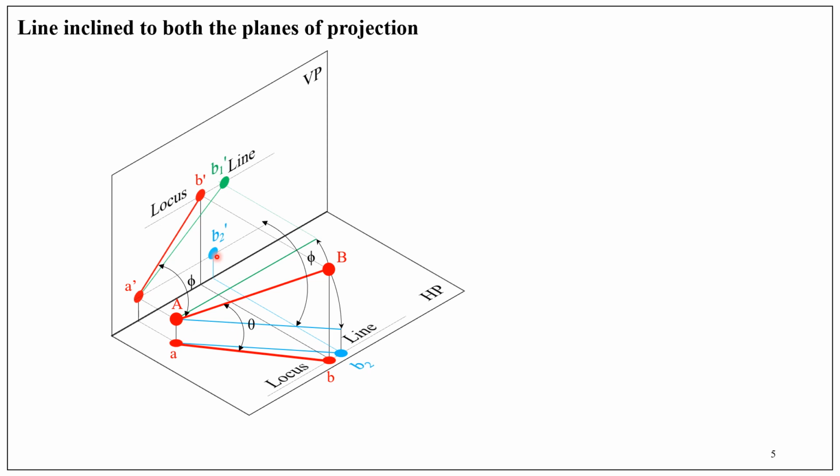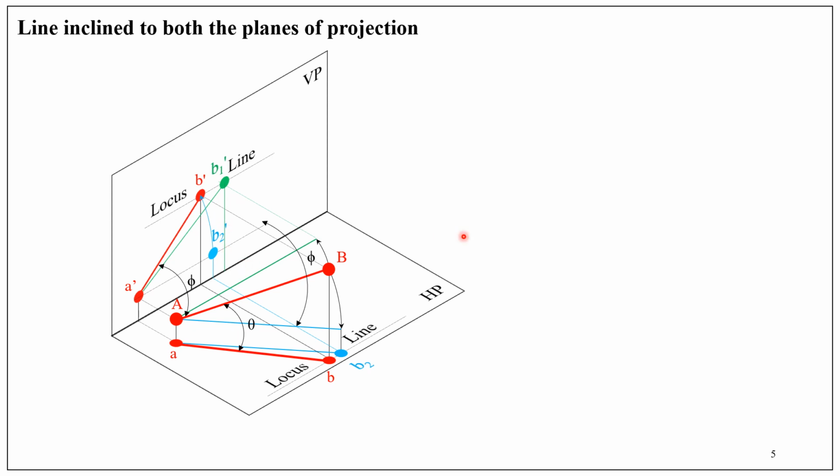Now to obtain point B dash on the locus line, what we can do is fix A dash as center and A dash B2 dash as radius, draw an arc. Definitely that arc will pass through B dash. Similarly, to obtain the top view length AB, draw a projector from B1 dash until it meets XY, this vertical line.